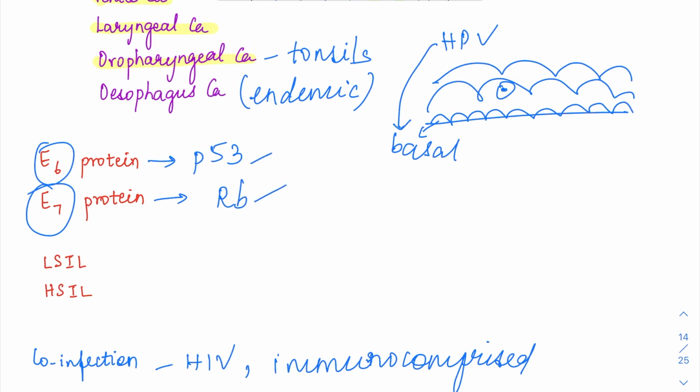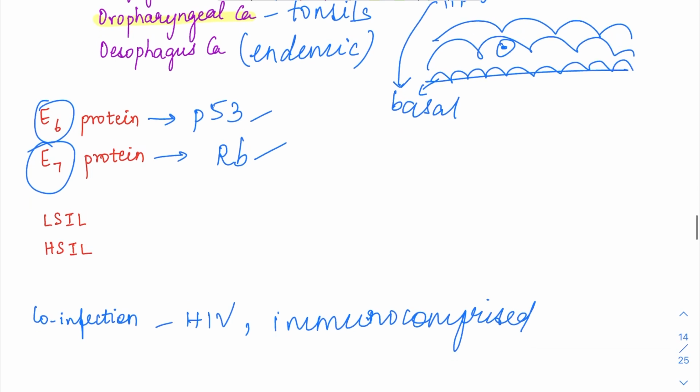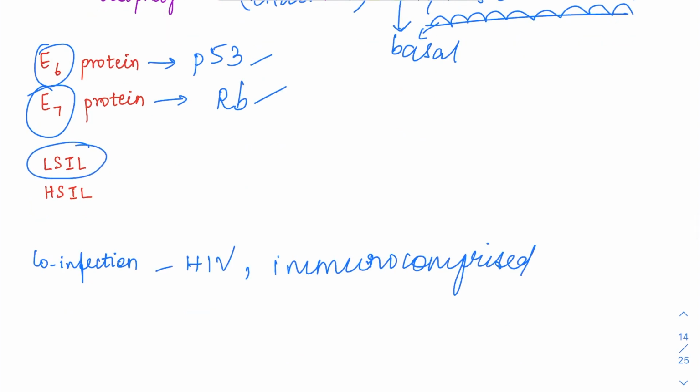So P53 and RB genes are the major cell cycle regulators. When these checkpoints are deregulated, what will happen? There will be uncontrolled cell cycle proliferation. So the cell cycle is going to progress uncontrollably, and that will progress on to cancer. These E6 and E7 proteins are elaborated mainly by the high risk HPV. The initial lesion which this high risk HPV causes will be a low grade squamous intraepithelial lesion.